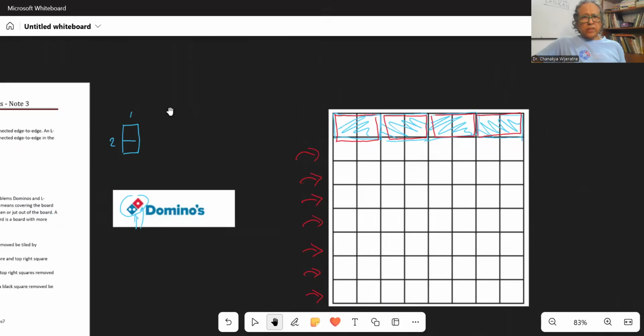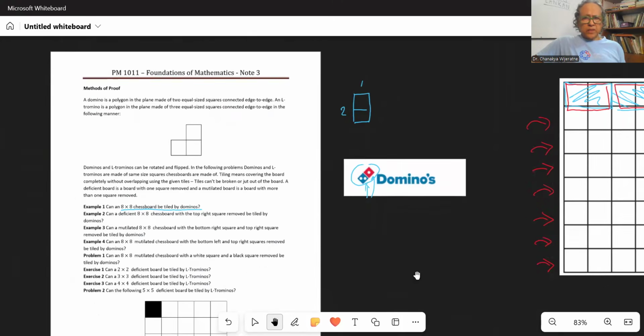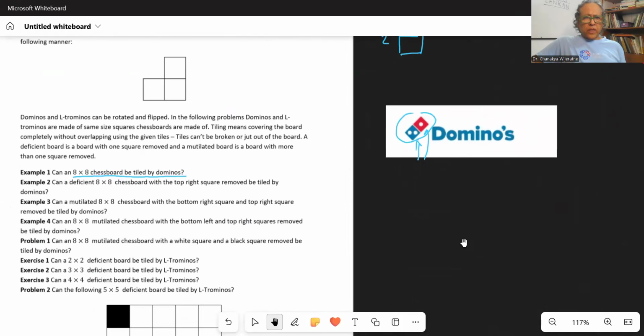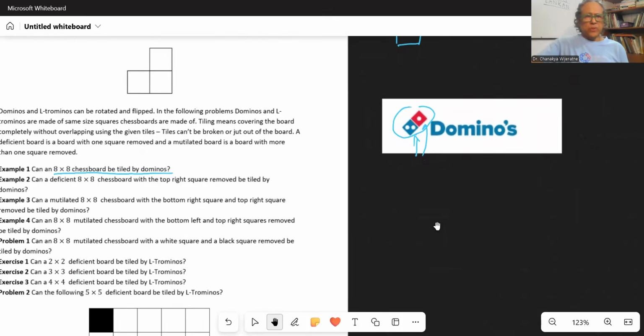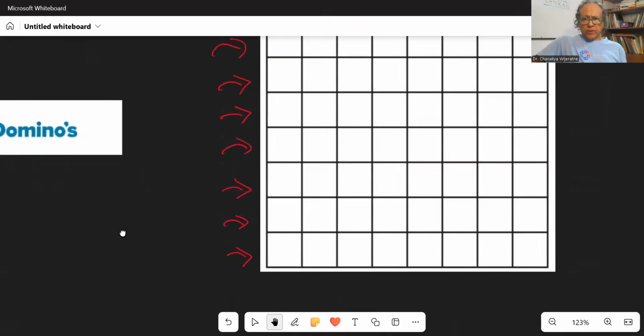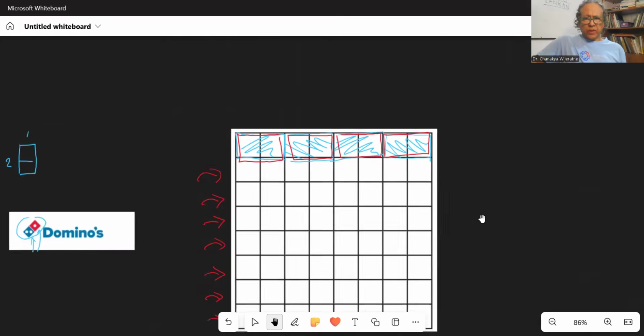And what's the second task? The second task is: can a deficient 8x8 chessboard, with the top right square removed, be tiled by dominoes? Deficient means that one square from the chessboard is removed. So can we tile the chessboard where the top right square is removed? Let's see. This is our 8x8 chessboard.